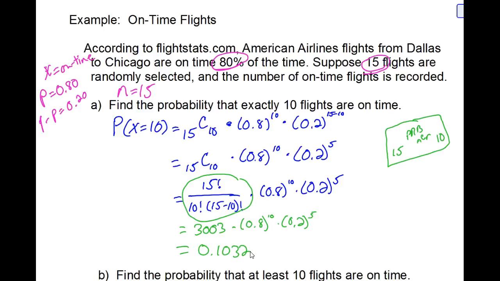So the probability that exactly 10 flights are on time out of the 15 that we chose is 0.1032, or about 10% of the time.